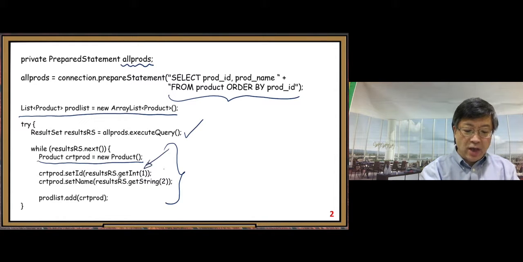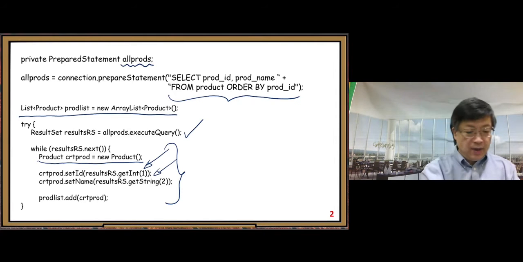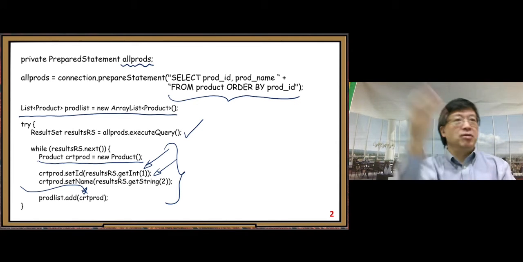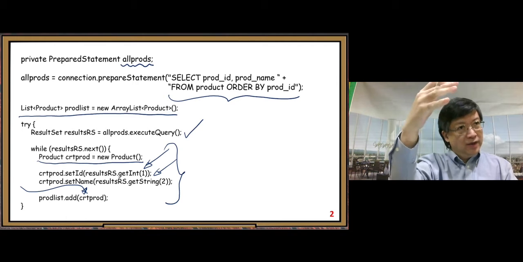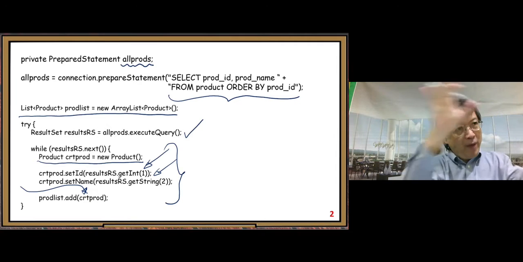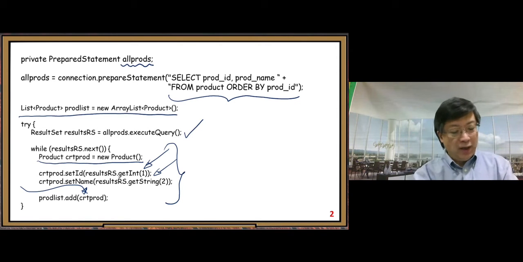Then we set ID, set name. After that, we place it in our list object. That's simple. So the data retrieval gives a list of Java beans in that format.